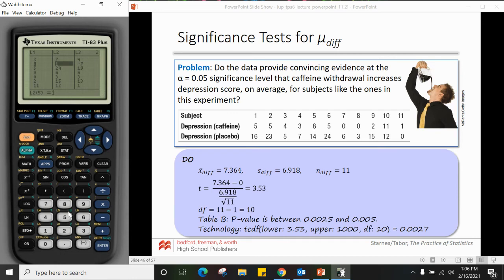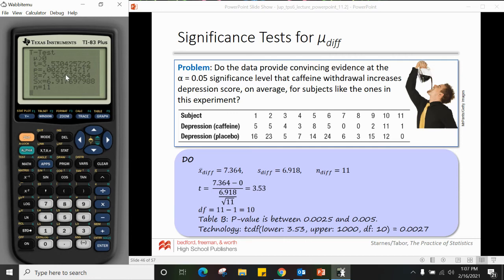This was 1, not 14. 7, 5. So I'm just going to do this again. L2 minus L1. Enter. Let's go to stat, over to test. This is a one-sample t-test now, with the data in L3. We're all good there.